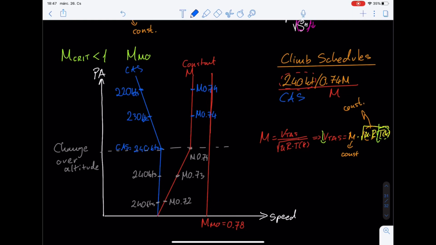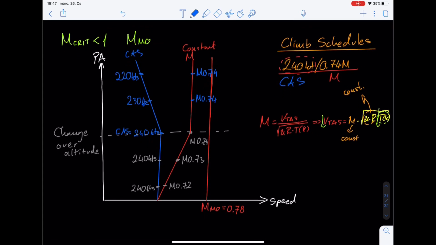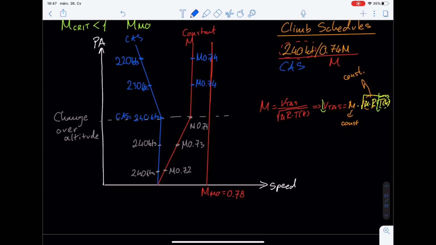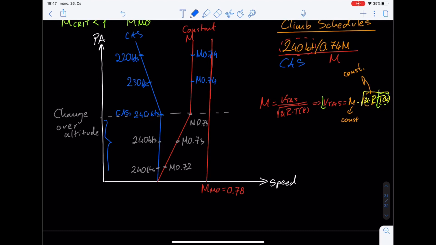So yet again, just to recap, and I'm going to give you another example on this one. How it looks is that initially at lower altitudes, we're usually flying the aircraft with a constant calibrated airspeed. So you have an airspeed indicator where it's shown to you that you need to maintain 240 knots, right?